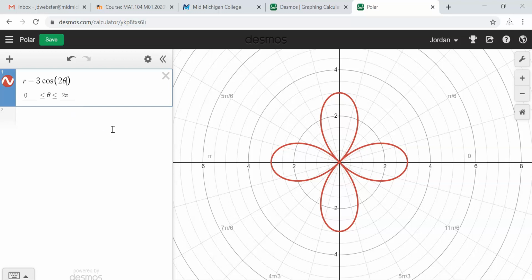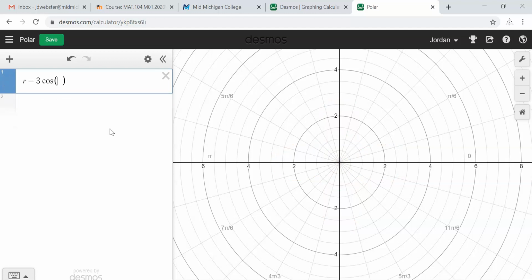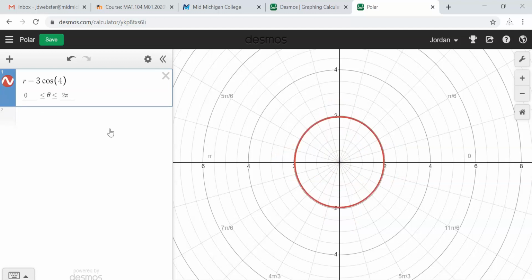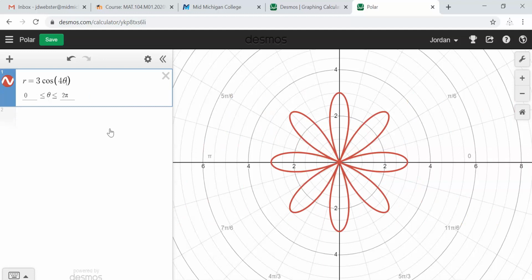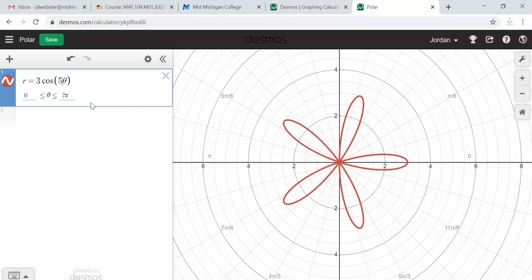Hopefully that makes sense. That's not something I'm going to quiz you on, but for even coefficients, the rose is going to have twice the number of petals that the coefficient of theta is. When we have an odd coefficient of theta, we have exactly that number of petals.